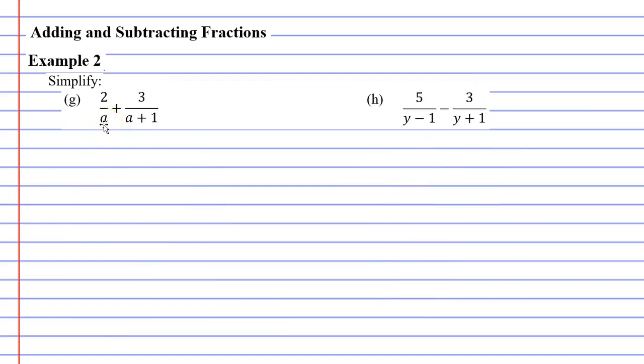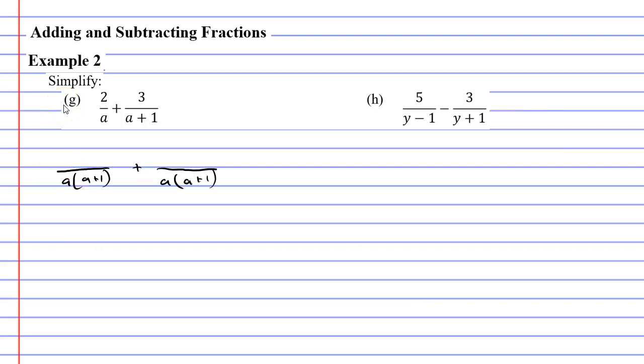I'm going to multiply my a by a plus 1. So I'm going to have a multiplied by a plus 1 for my first denominator. And for my second denominator, I'm going to have the same thing, a multiplied by a plus 1. And then you think to yourself, looking at the first fraction, what would I multiply a by to get a plus 1?